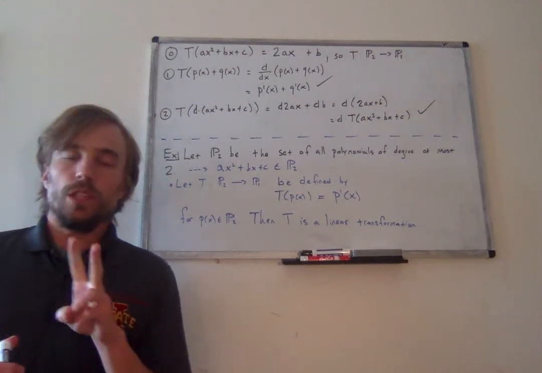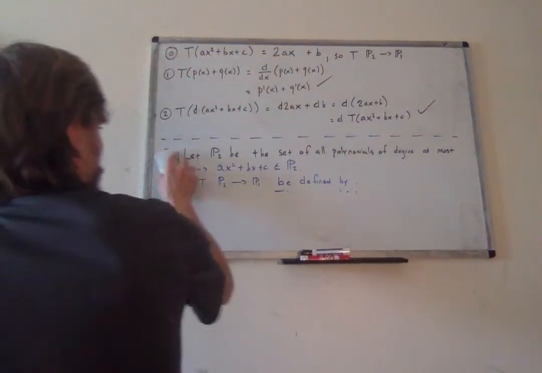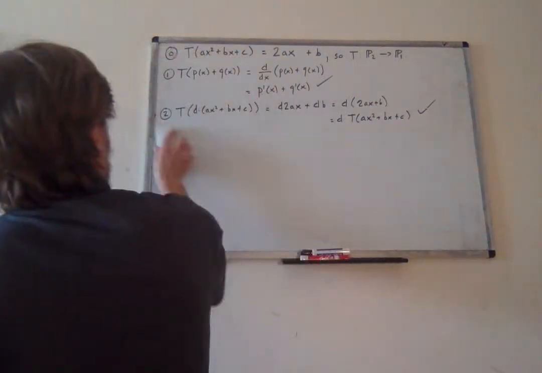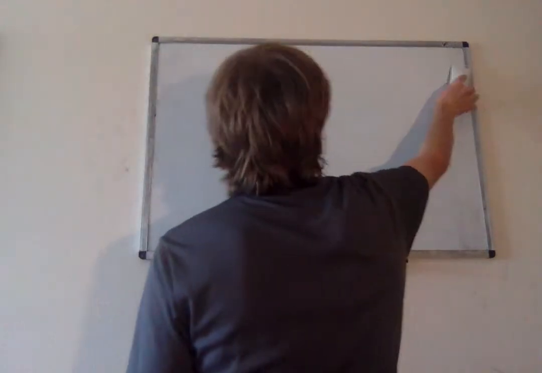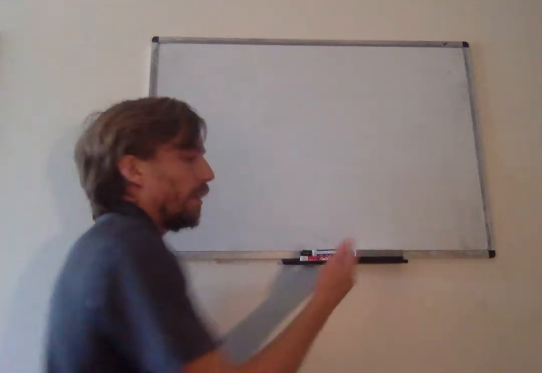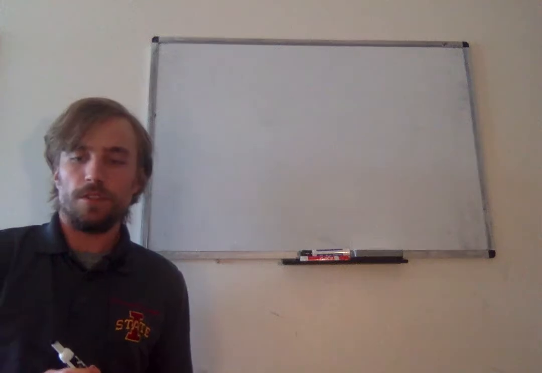So next I want to introduce two definitions which are a little more, I guess, specific to this sort of new way of talking about what a linear transformation is. But then we'll see that, in fact, we've seen examples of each of these definitions before.